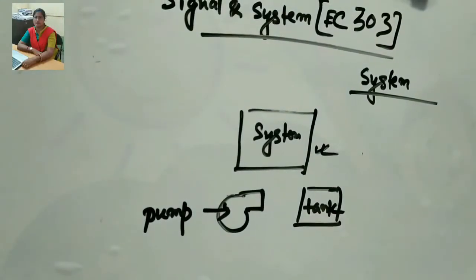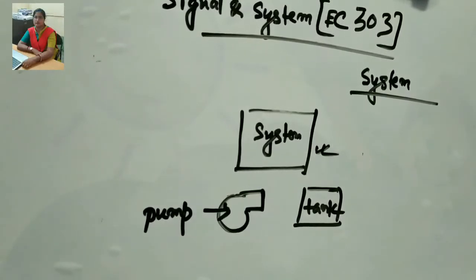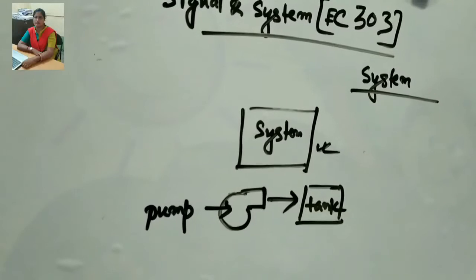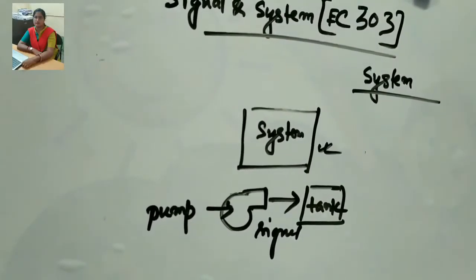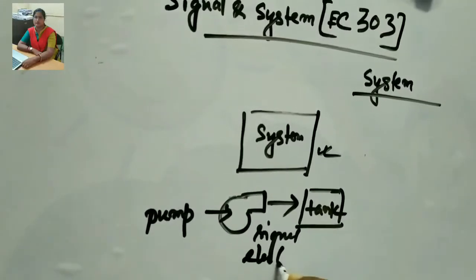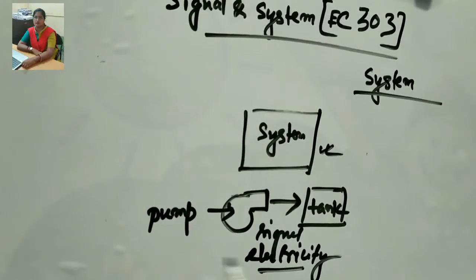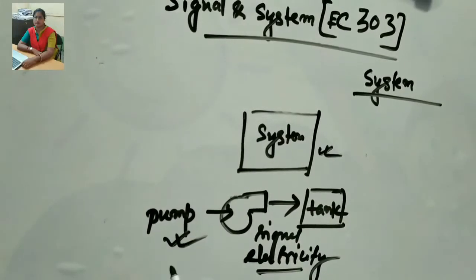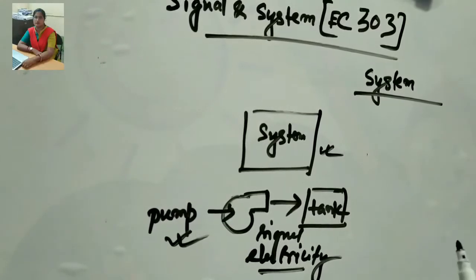In this case, the pump is a system, but it cannot fill up the tank with water unless it is linked with a signal. And in this case, the signal is the electricity. We provide electricity so that the pump will perform its operation. By providing electricity, the pump will fill up the tank with water.